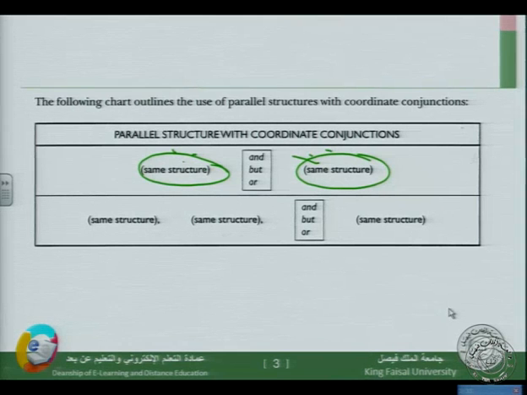Also, we said that they can join 3 words, or maybe 3 phrases, or maybe 3 clauses. So they should have the same structure. And we said that if these coordinate conjunctions join more than 2 words or phrases or clauses, we should use commas between each of these elements.